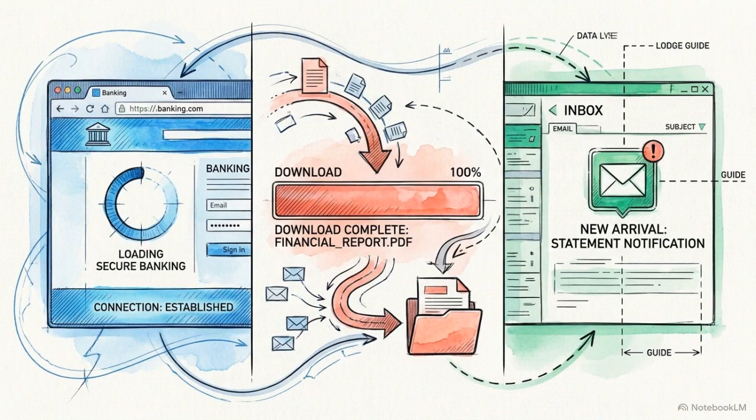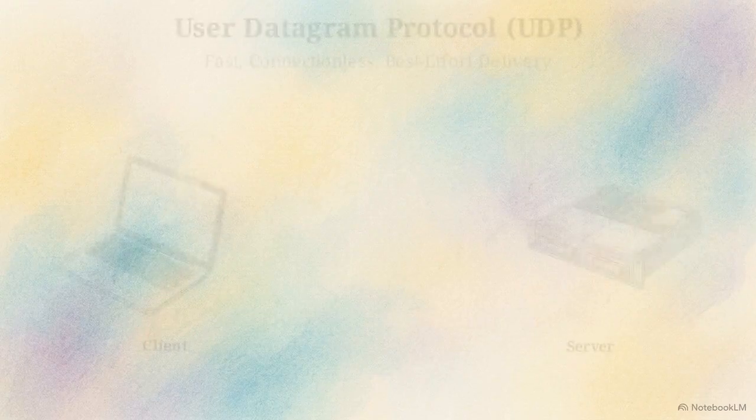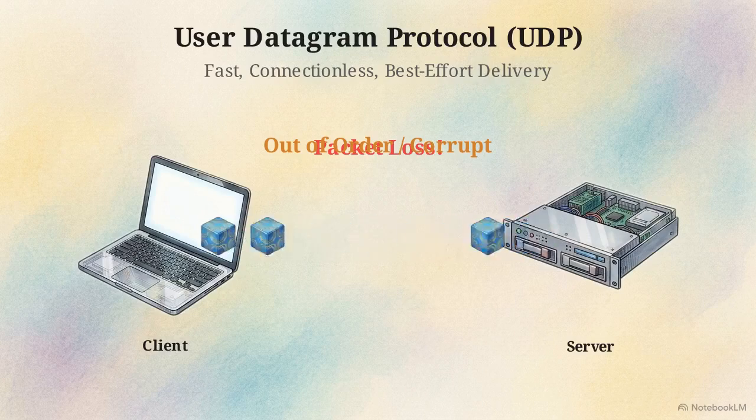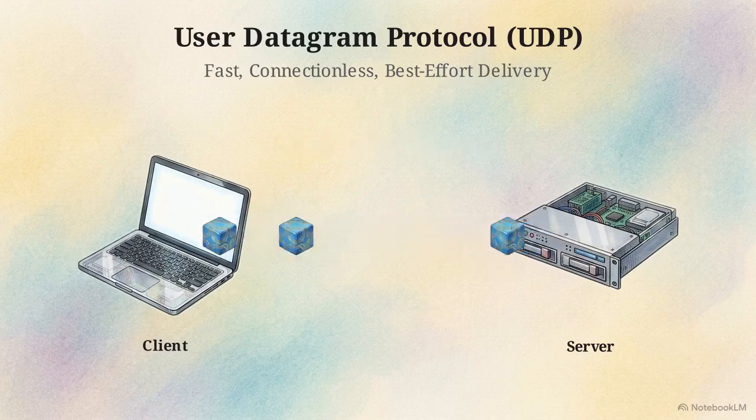On the other side is the User Datagram Protocol, or UDP. It is connectionless and operates on a best effort delivery model. UDP strips out the error checking and the acknowledgements. It simply fires packets at the destination. It does not guarantee delivery, and it does not guarantee the order of arrival, which drastically reduces processing overhead.